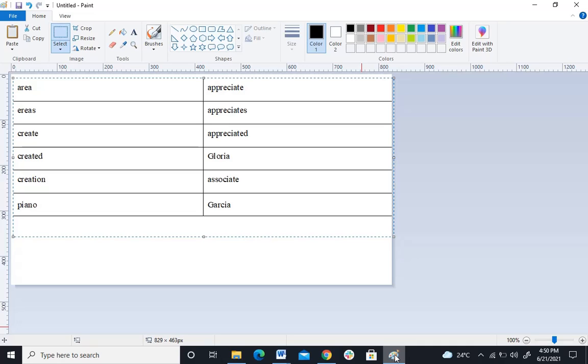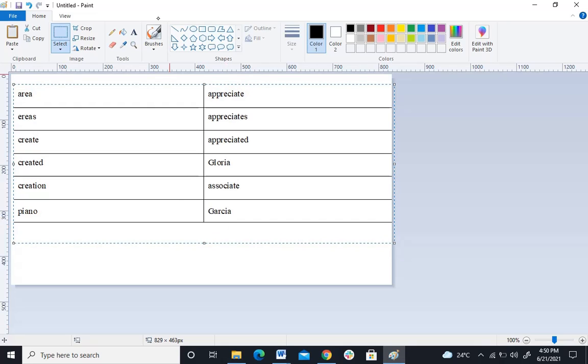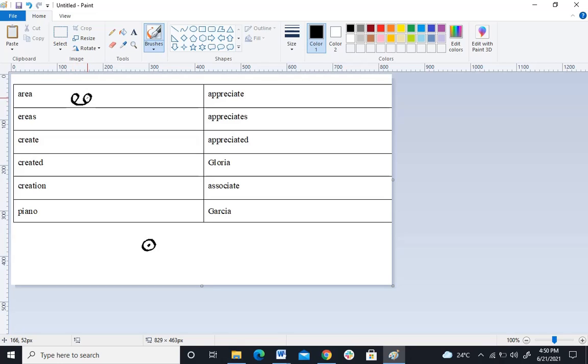At yung iya sound is represented by a big circle and a dot in the middle. Yan yung ating iya sound. Okay, so pag ginawa natin yung area, we have A-R-A for area. Next, areas. Wrong yan. That's a typo. This is supposed to be areas. Ganyan.